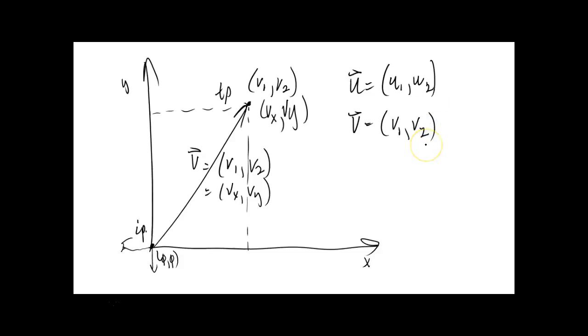Now, just a little notice here. The vectors are U and V. The components U1 and U2, V1 and V2, are not vectors.